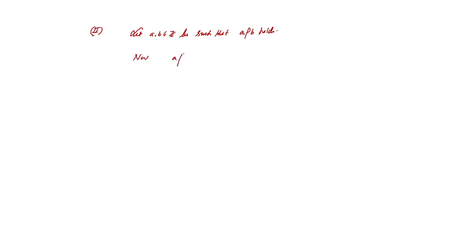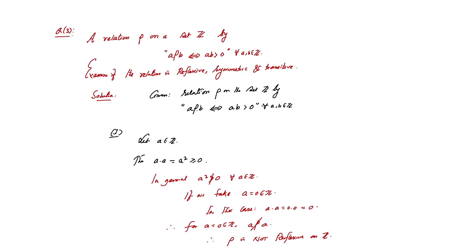Now for symmetric, what will we prove? A rho B implies B rho A. What is meant by A rho B? That is basically the product of these two integers is greater than 0, because A rho B if and only if AB greater than 0.